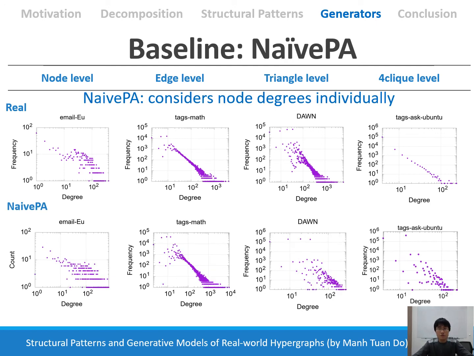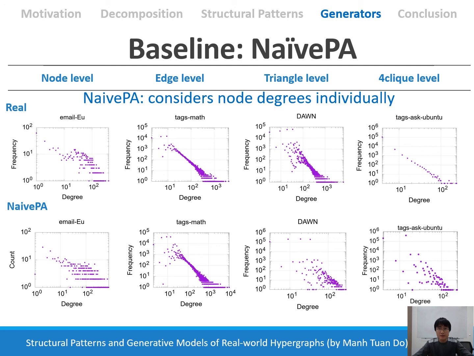To show the role of subset interactions in reproducing the structural patterns, we consider a baseline model referred to as naive PA. Naive PA is a naive extension of the preferential attachment model. Instead of considering subset interactions, naive PA only maintains the degrees of nodes individually. And when choosing nodes to form new hyperedges, the nodes are chosen individually based on their degree.